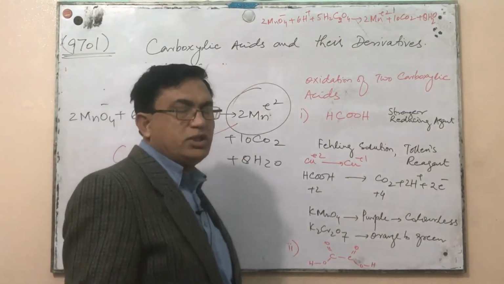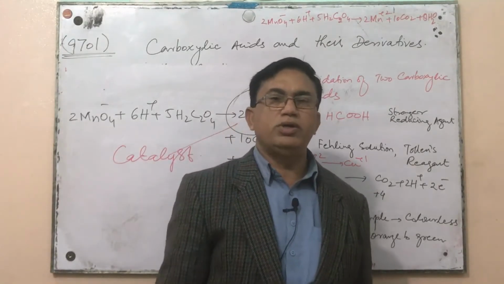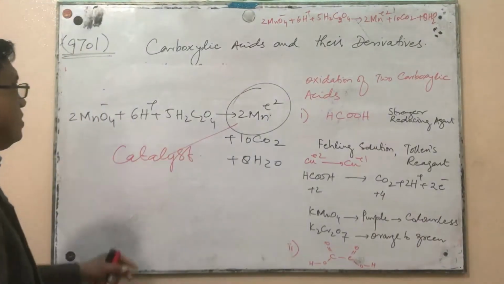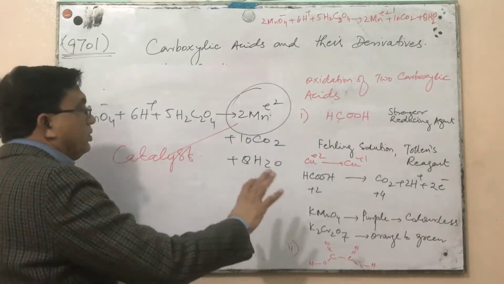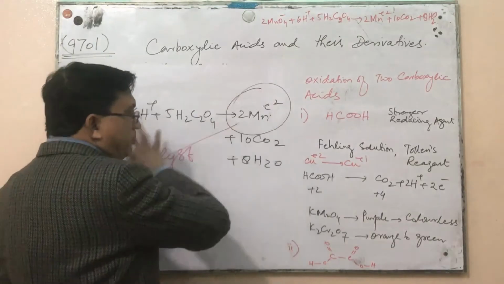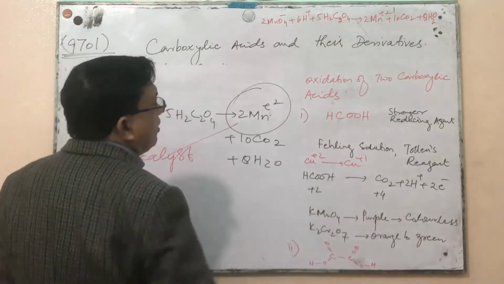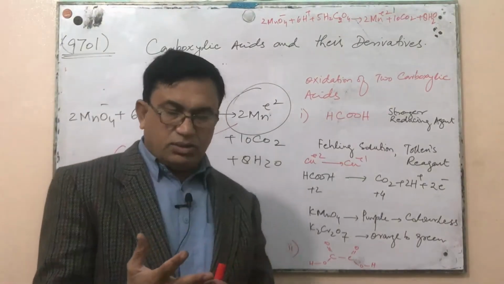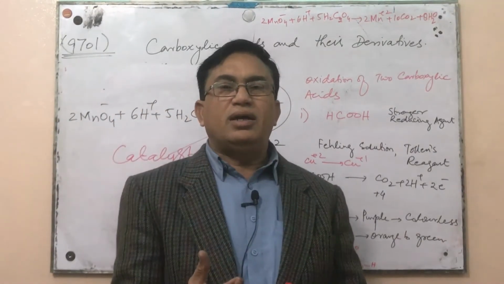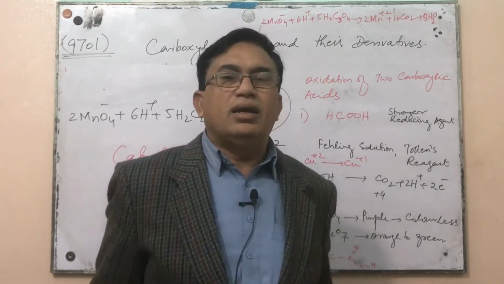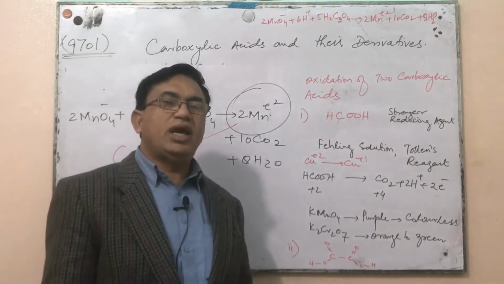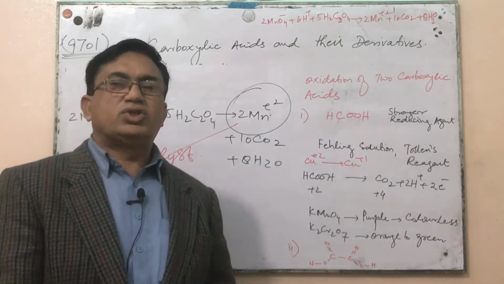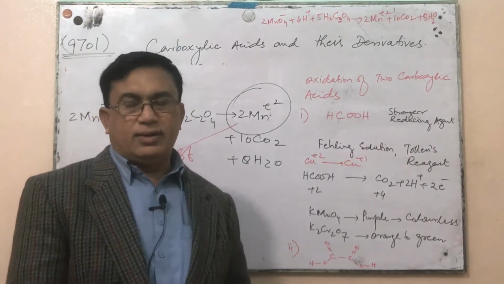Autocatalysis refers to processes in which one of the products acts like a catalyst and speeds up the rest of the reaction. Now it is quite clear from the previous discussion and from the formulas that these two acids, methanoic acid and ethanedioic acid, can act as reducing agents which can be oxidized using an oxidizing agent, stronger or weaker.